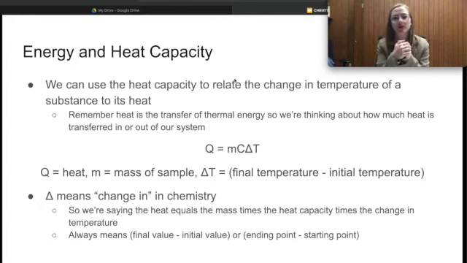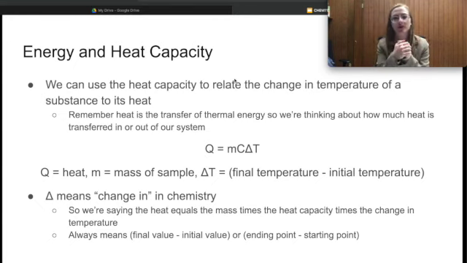So let's first and foremost pick apart what we know and what we're looking for, and we will go from there. What information are we given in this question? Well, we're told we have a 20-gram sample of water, so we have 20.00 grams of water.